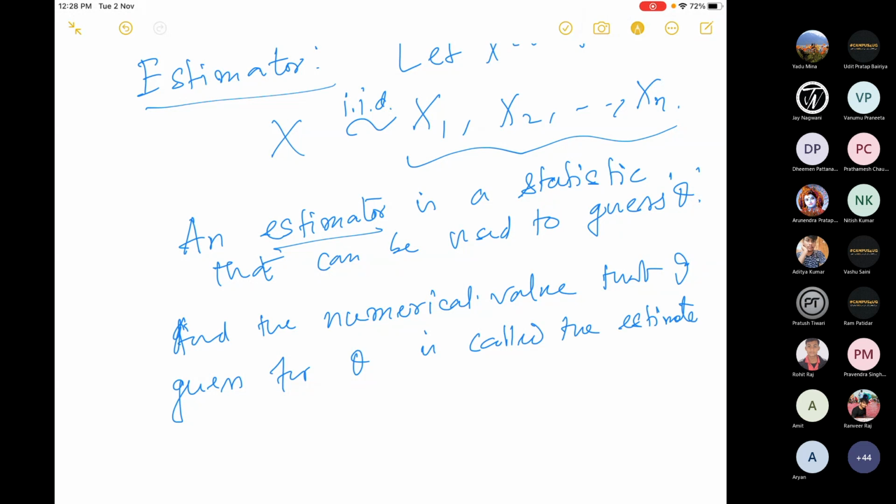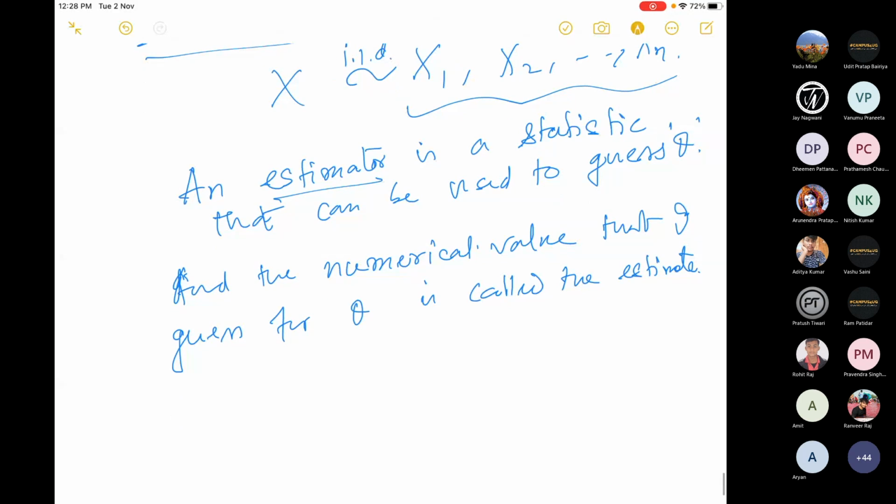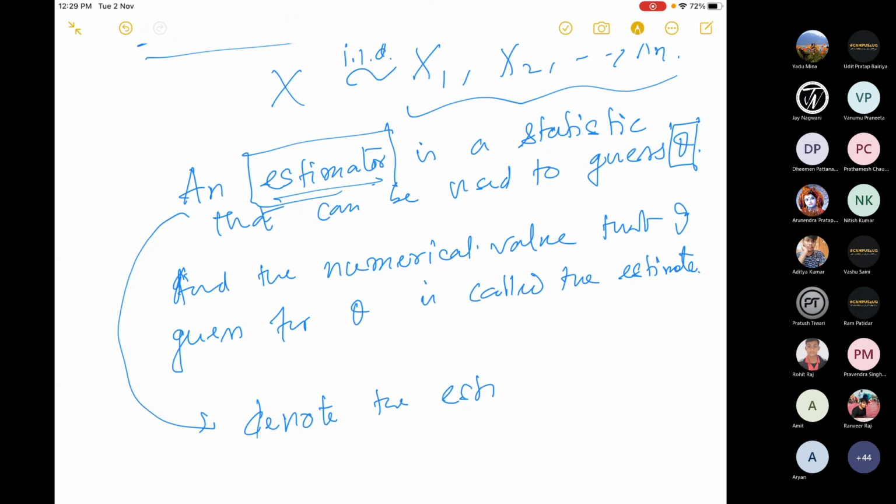The estimator is a statistic to guess theta, so I have to introduce a notation for the estimator of the parameter theta. I'll denote the estimator as theta hat.